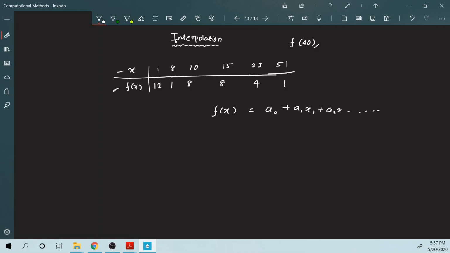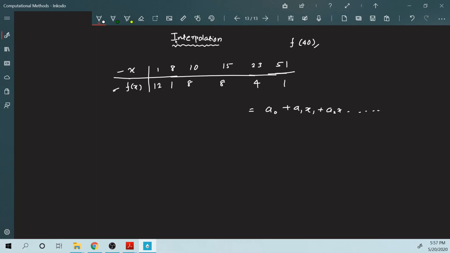You're going to fit this polynomial through this data and find out that polynomial. Once you find it, you substitute the value of 40, and you find out the value of that particular function at x equal to 40. I hope everybody is clear with this particular point.